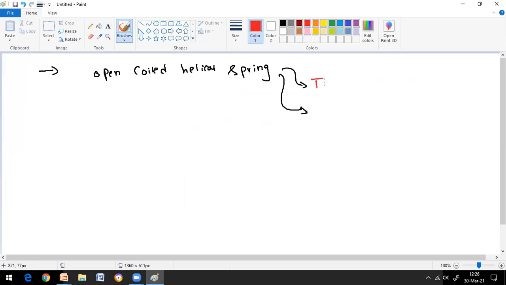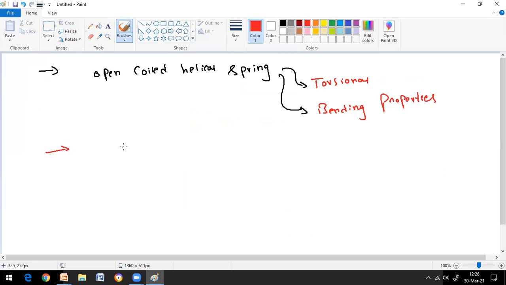Which ones? Torsional and bending properties. So we can call the open coiled helical spring a torsional spring and even a bending spring. This is about the different types and the classification of springs.